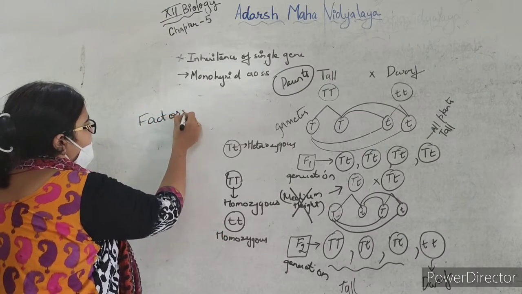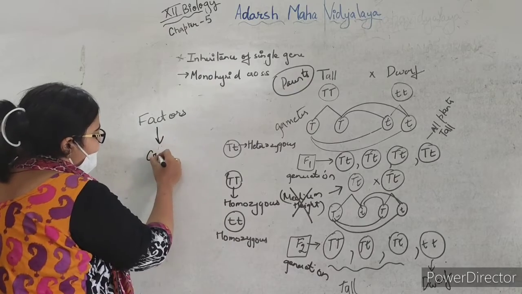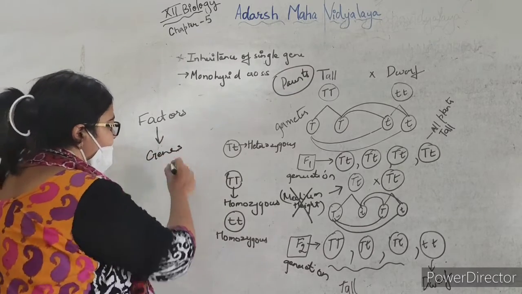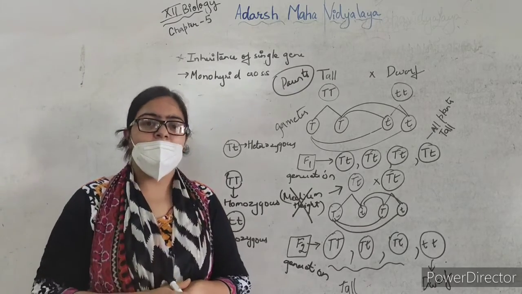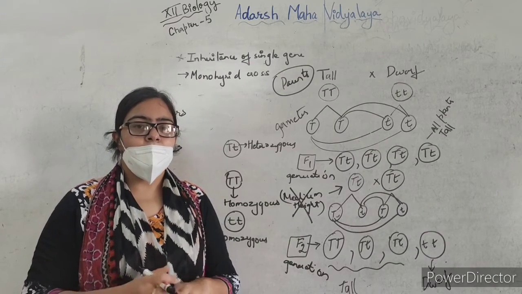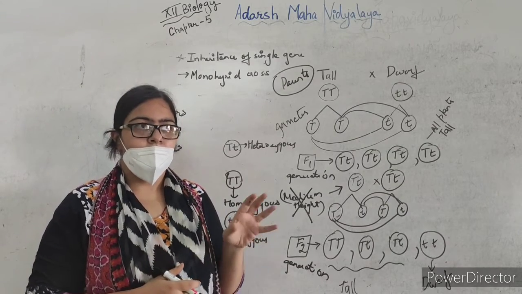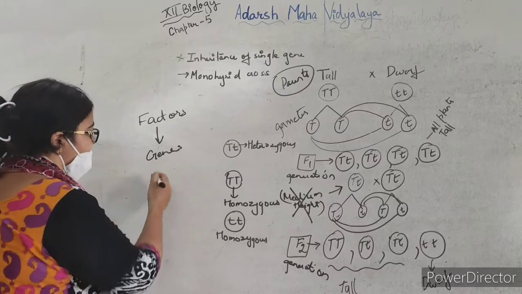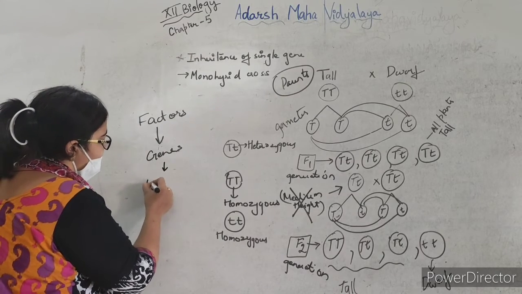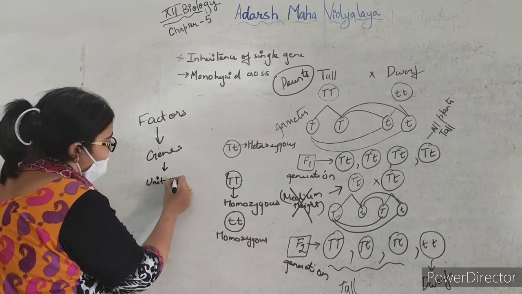And now we know that these are genes, or we now call them genes. Okay, the gene is called the unit of inheritance. So we call it the unit of inheritance.